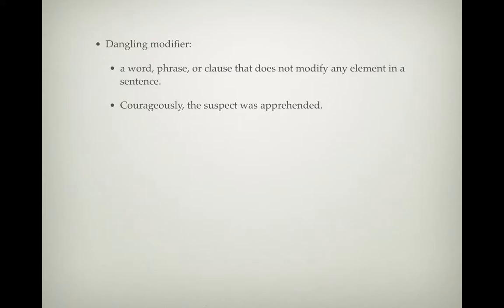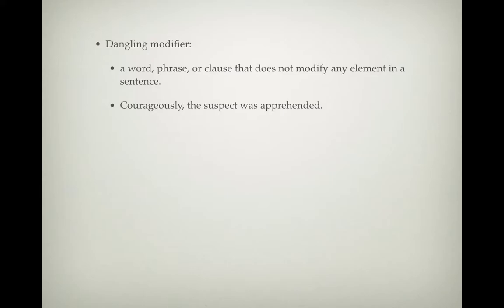Courageously, the suspect was apprehended. All right, so our problem word here is courageously. So here's the question, was the suspect courageous? No. So that word shouldn't be attached to the suspect. Who was courageous in the sentence? Well, we assume it is whomever actually apprehended the suspect, but that person doesn't show up in the sentence, hence the confusion.